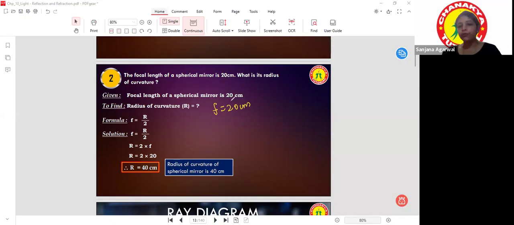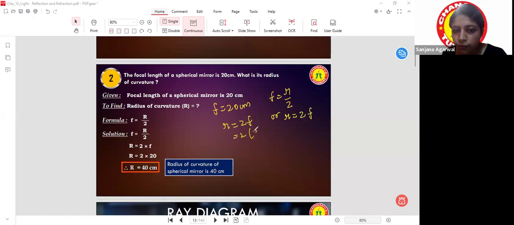That means it is asking for a convex mirror again. So the radius of curvature equals twice the focal length. You know that focal length is always half of the radius of curvature, so you can say that the radius is twice the focal length. Putting in the value, we get R as 40 centimeter. It's very simple.